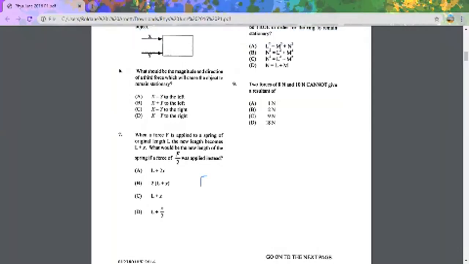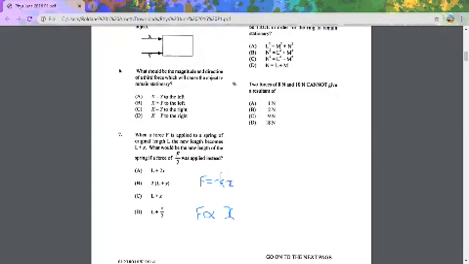So F is equal to negative K X. Force is directly proportional to the extension on the spring, which is X.